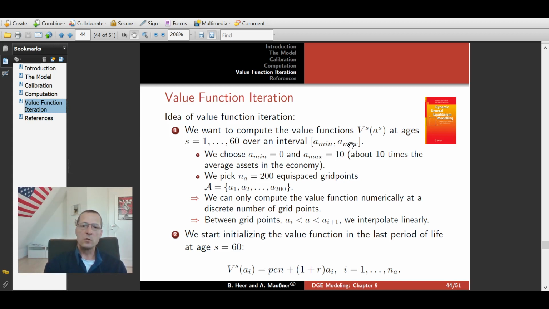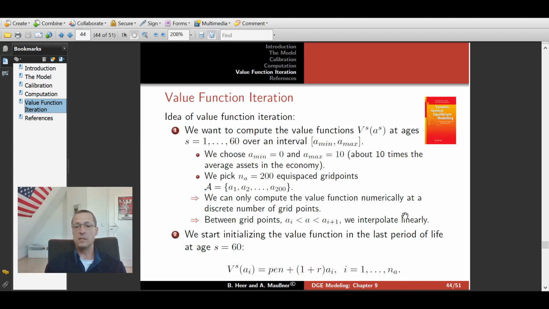So we choose 200 equispaced grid points on the interval 0 to 10, so that they are approximately 0.05 away from each other. And we can only compute the value function numerically at a discrete number of grid points.